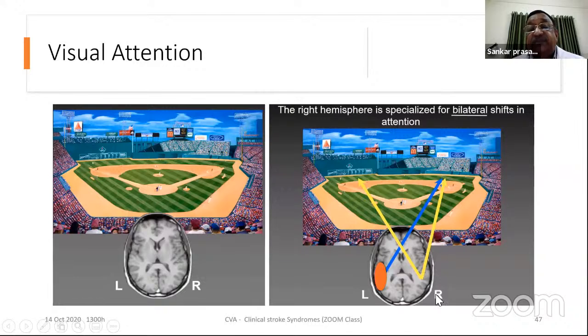Whereas the right hemisphere is specialized for bilateral shifts in attention. So the attention can be shifted from here to here, whereas the left has it only on one side. This understanding is important because right hemisphere strokes are always associated with confusional states, because they are not able to shift the attention from one visual hemisphere to the other side.